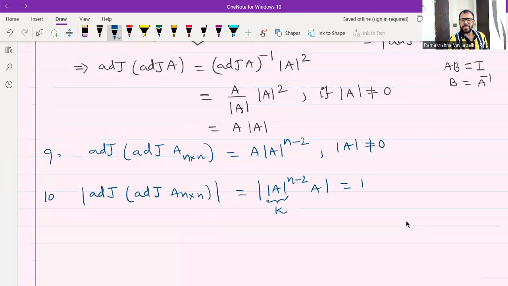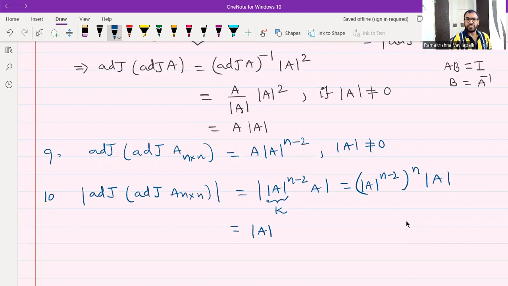So K power n means det A power n minus 2 whole power n into det A, which gives det A to the power of n square minus 2n plus 1. This is nothing but det A power n minus 1 whole square.